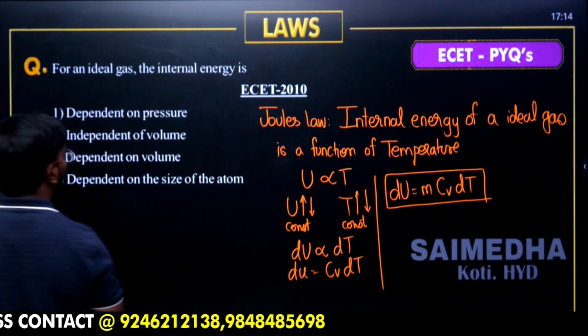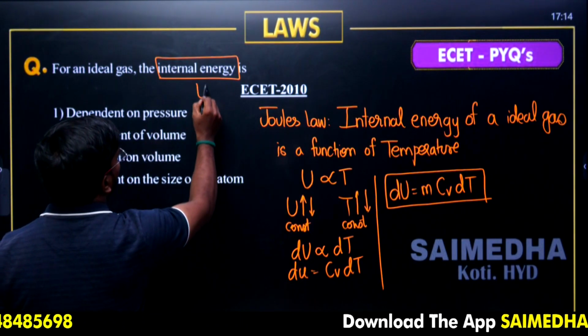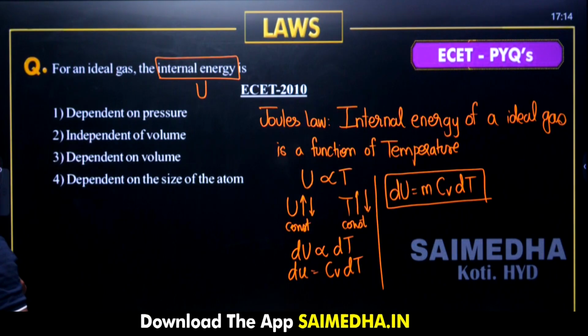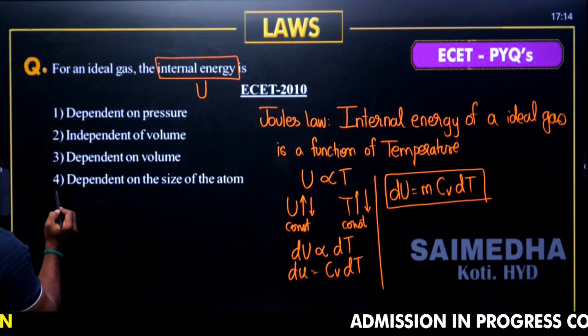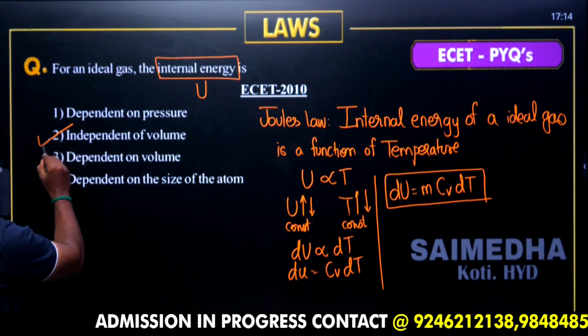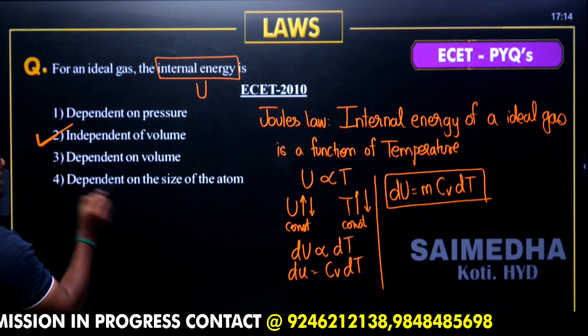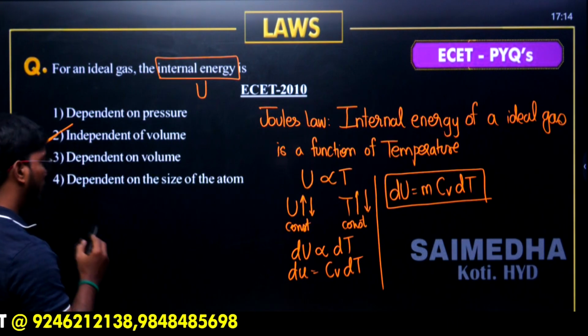So now we have understood that internal energy U is dependent on temperature. Is it dependent on pressure? No. Is it dependent on volume? No. Is it dependent on the size? No. Independent of volume? Yes, it is correct. If it is only dependent on temperature, that means it is not dependent on any other parameter.